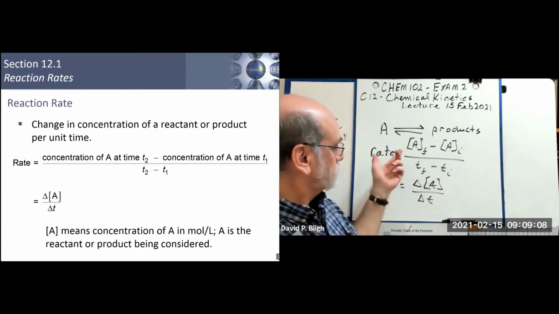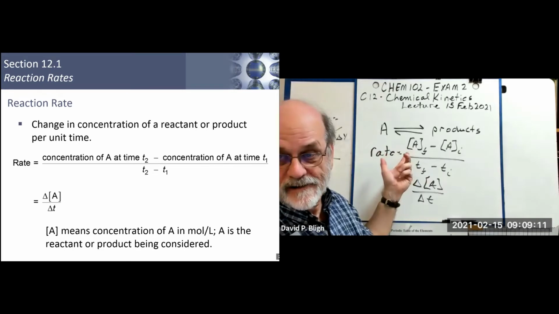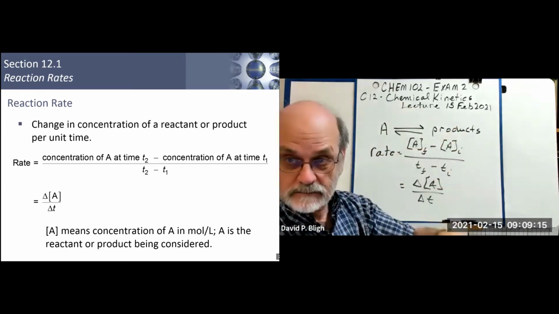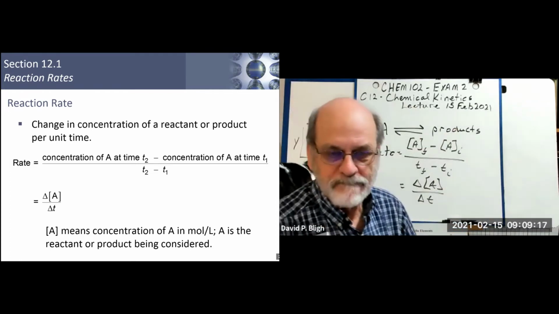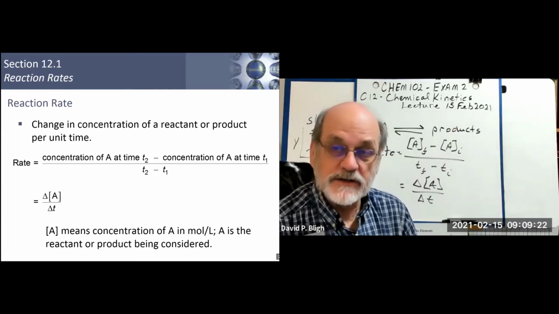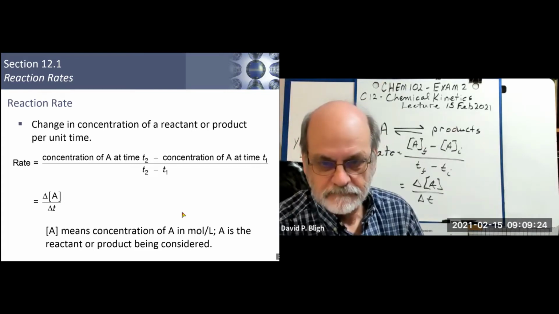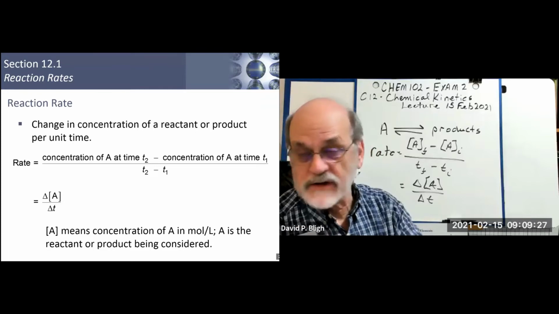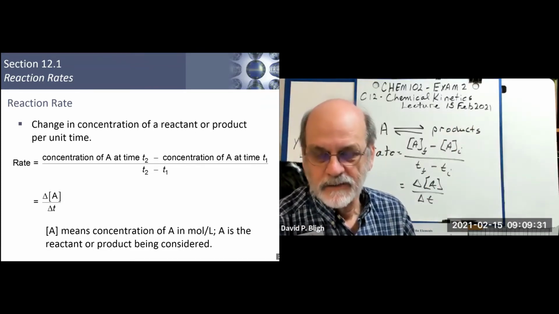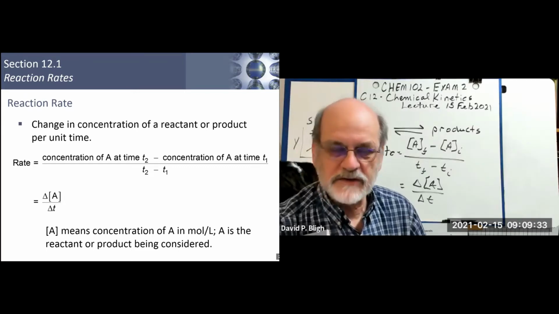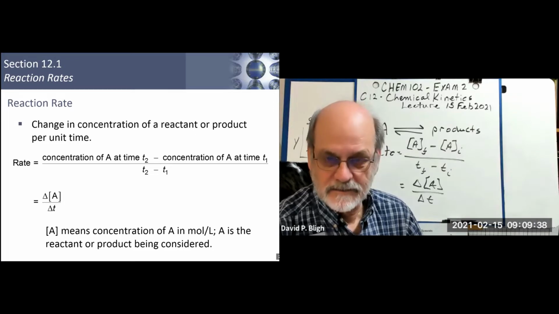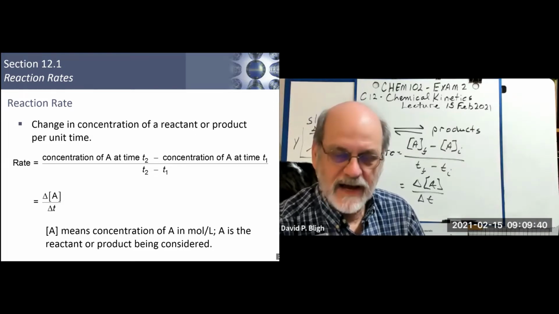And if A is a gas and it disappears over time, then the partial pressure should go down. Right? But in the beginning, we're gonna talk about concentration in terms of molarity, because molarity covers everything. You can express anything in terms of molarity, but only gases can be expressed in terms of partial pressure. So that's reaction rate. Some change over time.